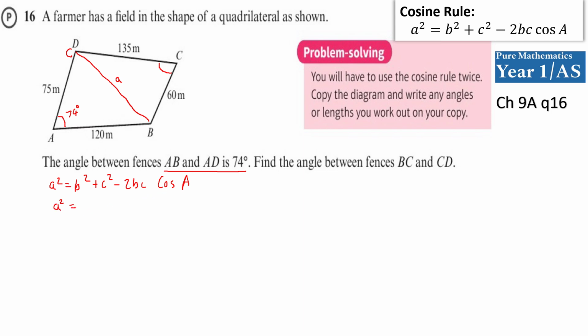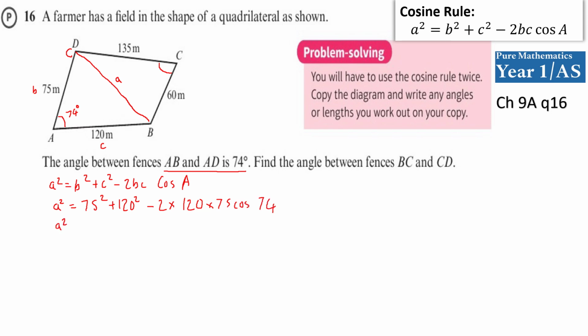So a squared equals, so we're going to call that c, and that little b in this instance equals 75 squared plus 120 squared minus 2 times 120 times 75 cos 74.